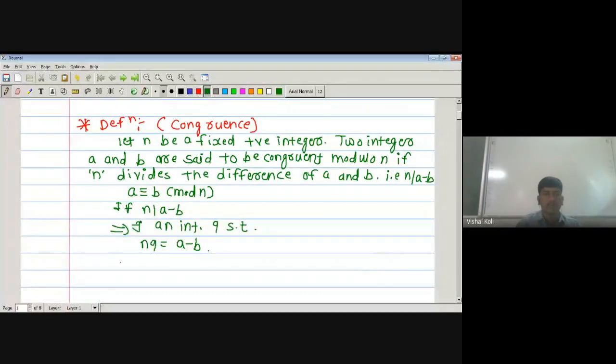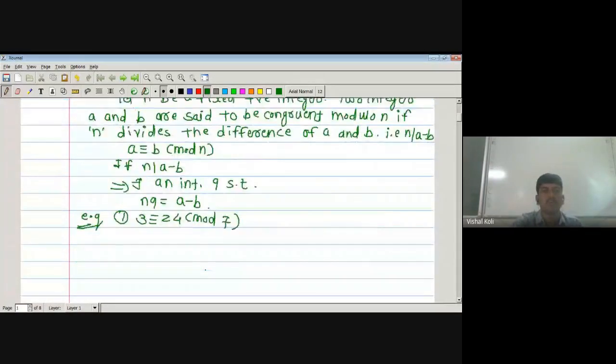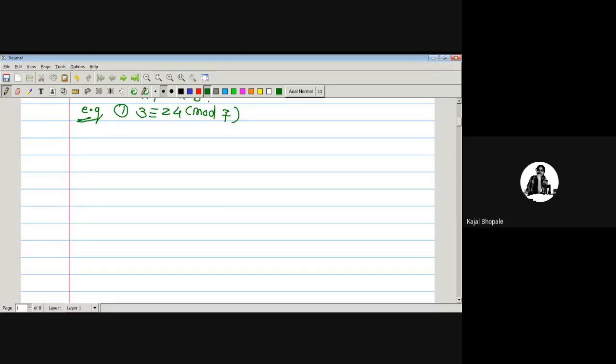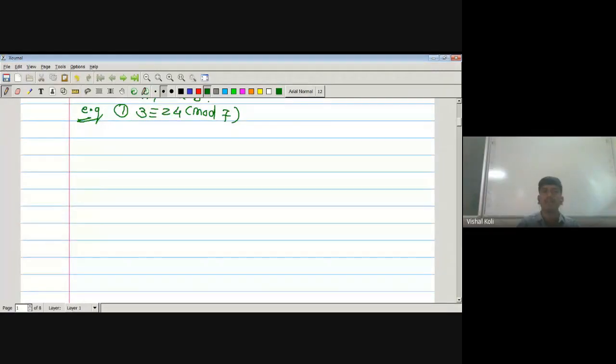First one: we have to check whether 3 is congruent to 24 modulo 7. By the definition of congruence, a is congruent to b modulo n if n divides the difference of the two integers a and b. Here a is 3, b equals 24 and n equals 7.